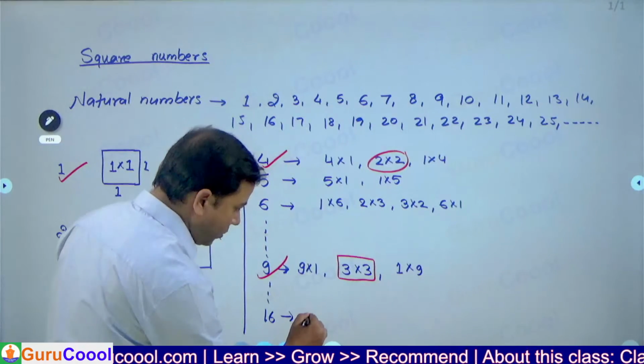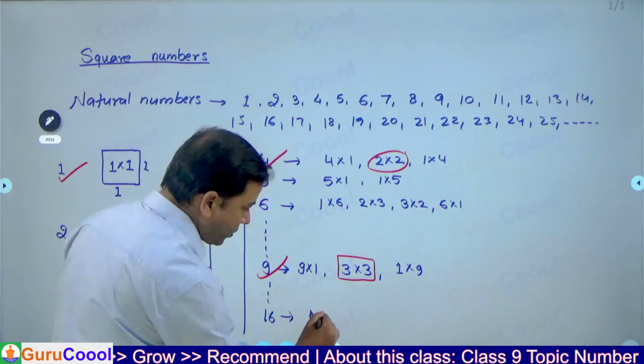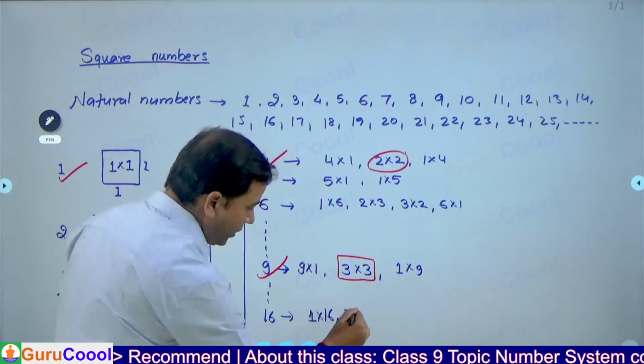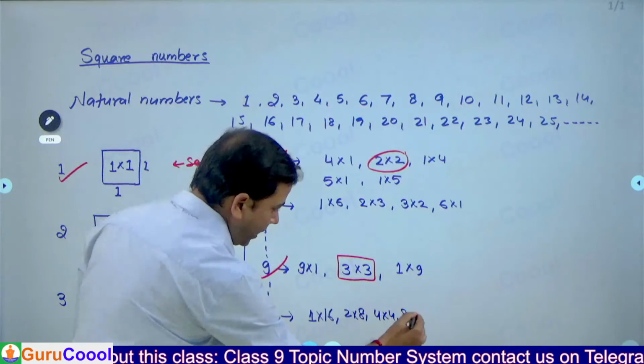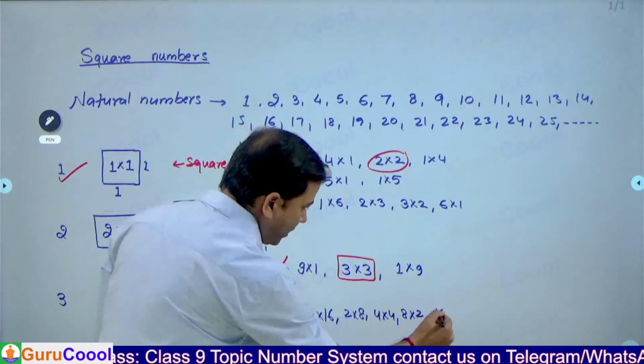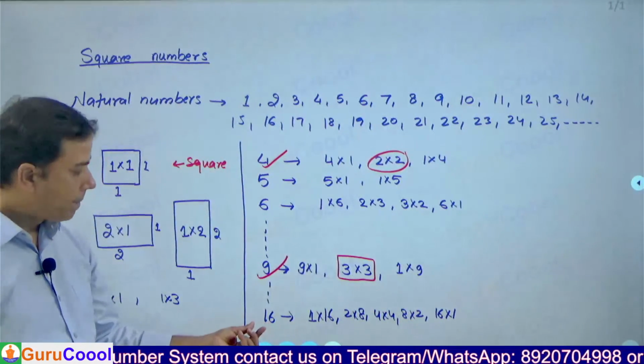Let's write each one of them. 1 into 16, 2 into 8, 4 into 4, 8 into 2, 16 into 1. So these are the ways you can write 16.